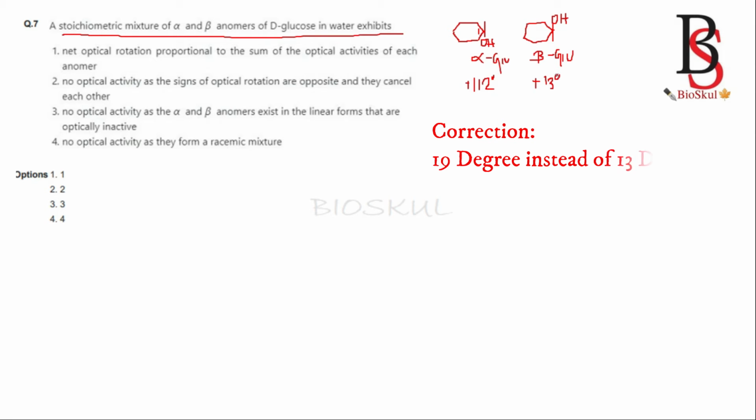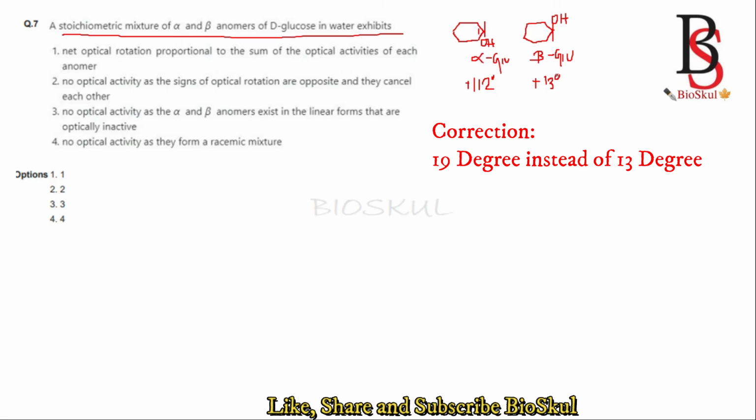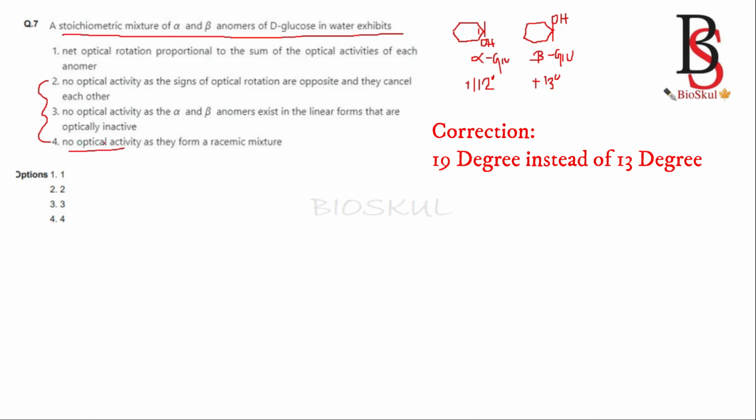And we know that mostly the carbohydrates are optically active because of the presence of chiral carbon atoms, except the ketose group. So see here in the options, all the three options, 2, 3 and 4, have shown no optical activity. The glucose has optical activity, so all these three options are wrong.